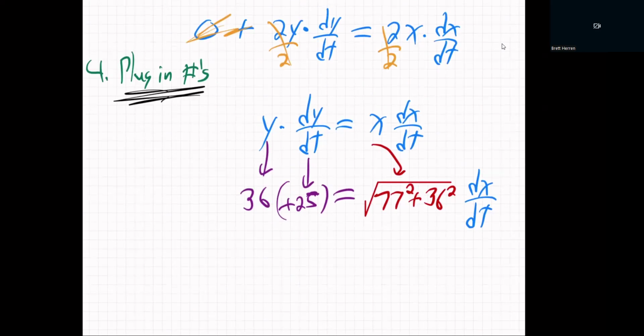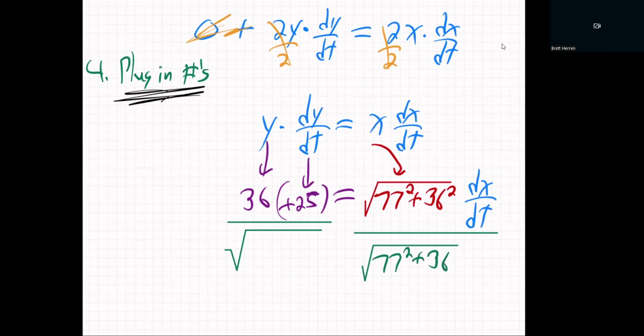Let's divide both sides by that weird looking square root of 77 squared plus 36 squared. Boom, boom. And so dx dt.